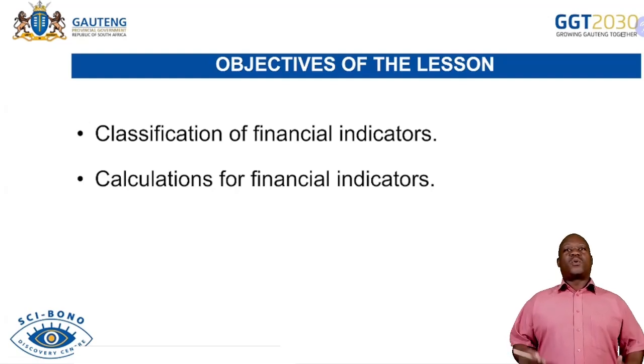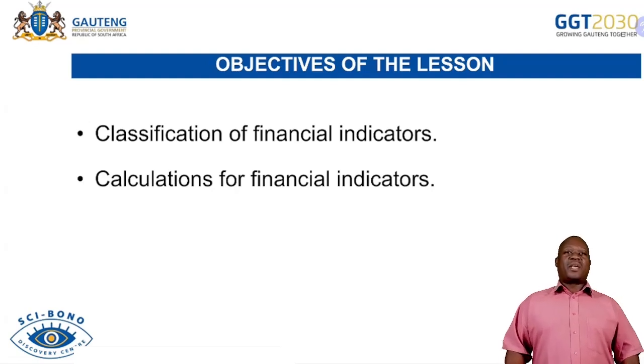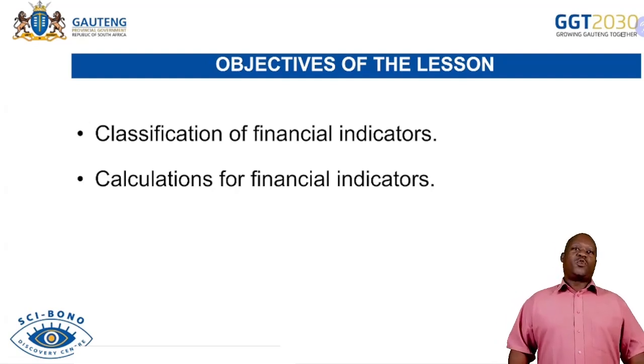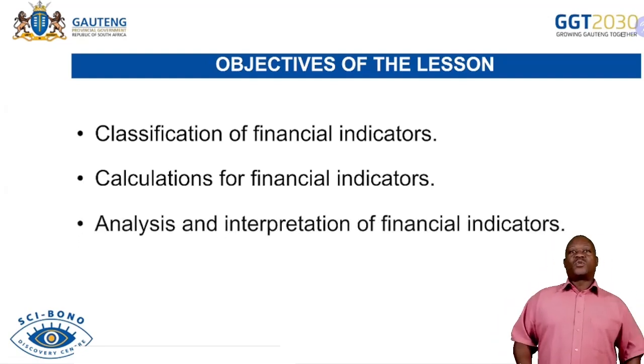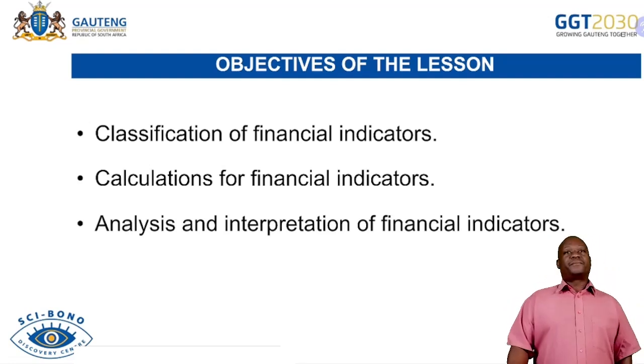Unfortunately, we are not going to go through all of them at once because of time, but we are going to indicate how best you can deal with situations in which you are requested to calculate financial indicators. And then lastly, we are going to look into how you analyze and interpret financial indicators.